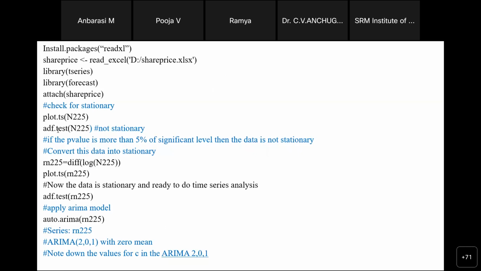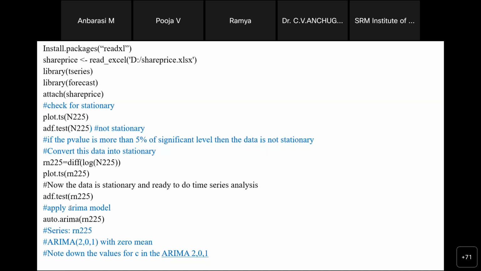This auto.arima, what I told you, will automatically calculate the parameters p, d, and q. All these parameters will be calculated automatically. The p value is the auto regression value, d is the differences, and q is the moving average value.